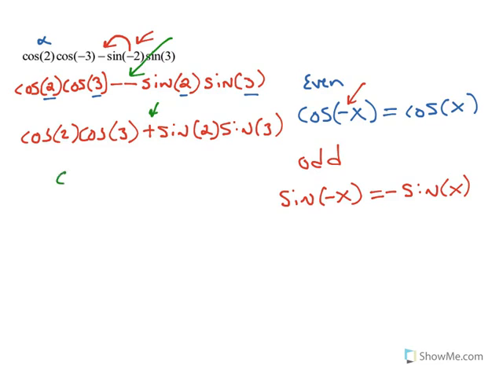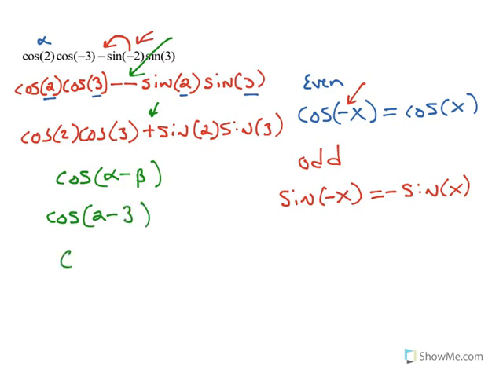So this is following a cosine of an alpha minus beta pattern. So cosine of, what's our alpha? That should be the 2. Minus, what's the beta? 3.